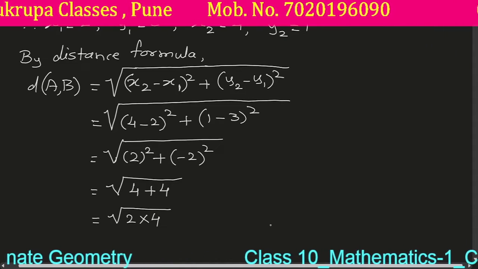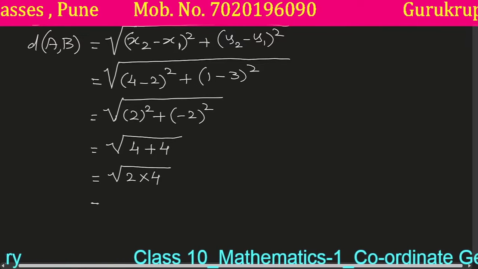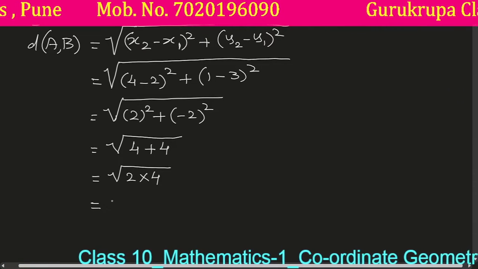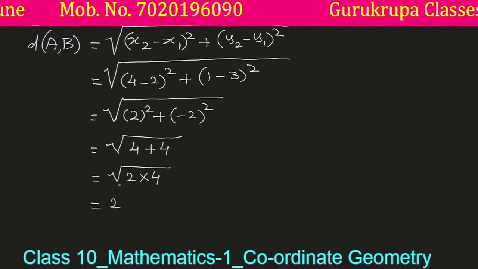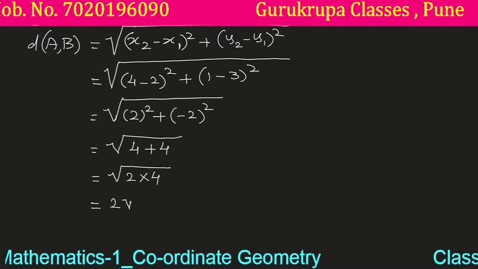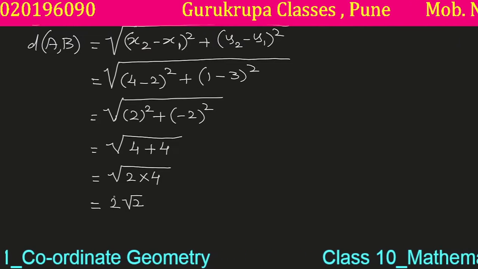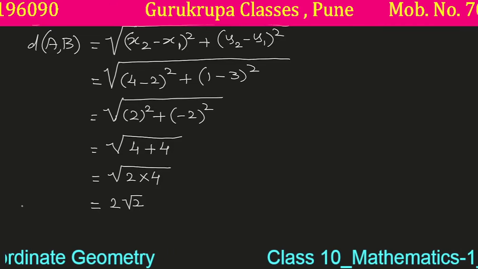Square root of 2 into 4. As we know that square root of 4 we have 2 and square root of 2 is under square root 2, 2 root 2. So here we get answer 2 root 2.